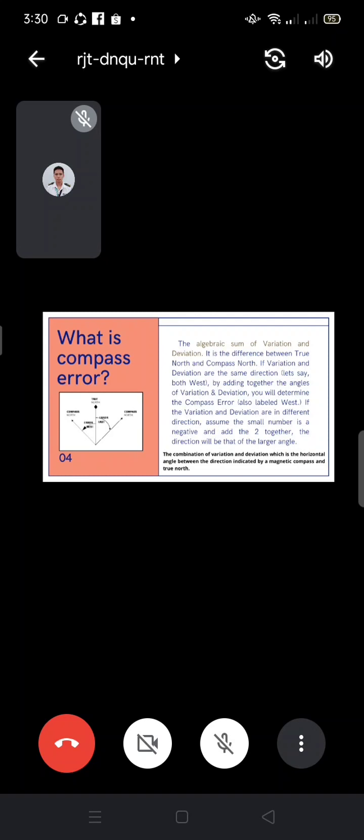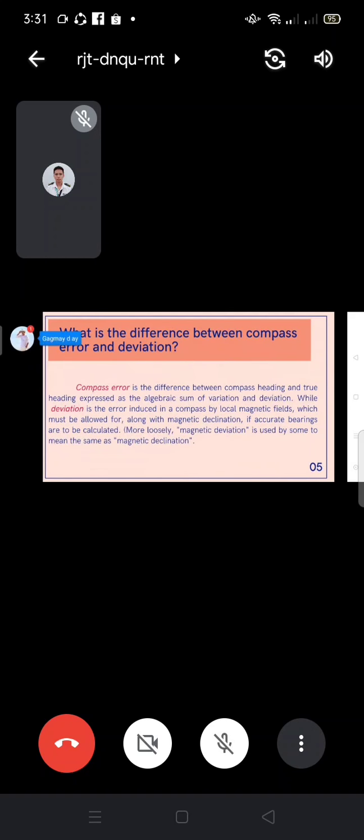If the variation and deviation are in different directions, assume one is negative and add them together; the direction will be that of the larger angle. The combination of variation and deviation is the horizontal angle between the direction indicated by a magnetic compass and true north.